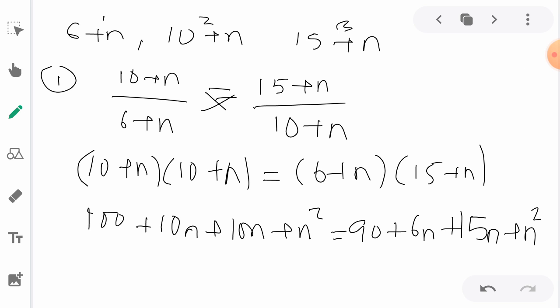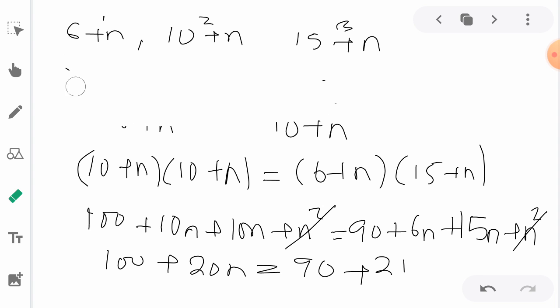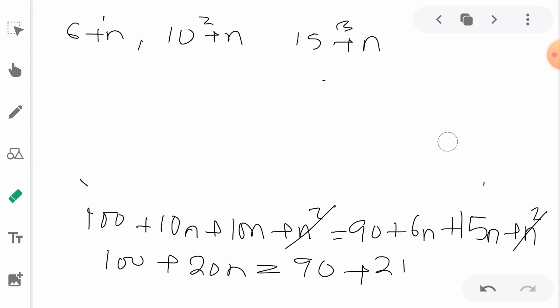You can see that the n squared and this n squared cancel each other. Then you have 100 plus 10n plus 10n, which gives 20n, which is equal to 90 plus 6n plus 15n, which gives 21n.